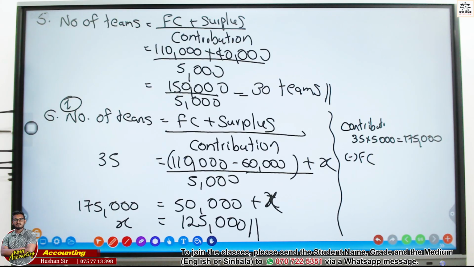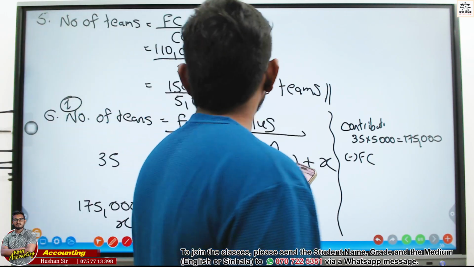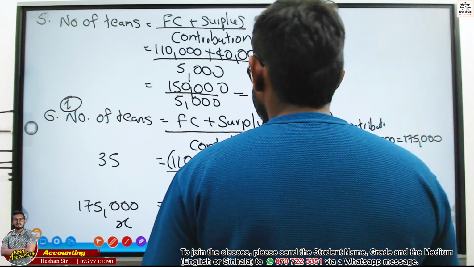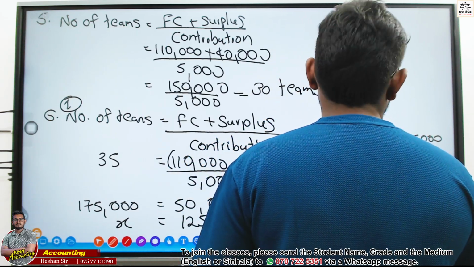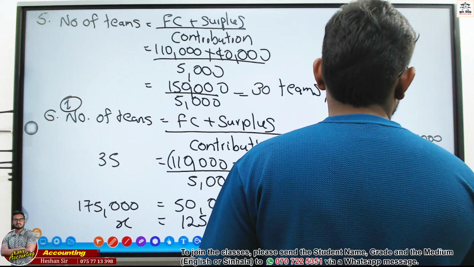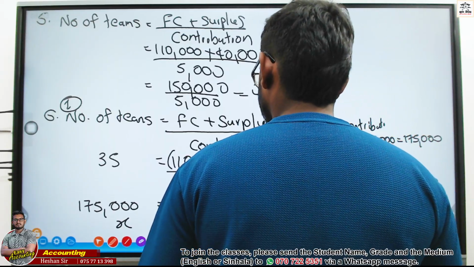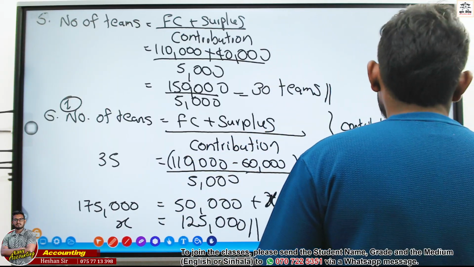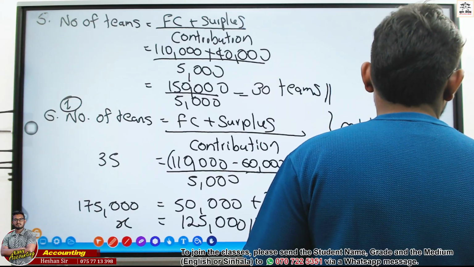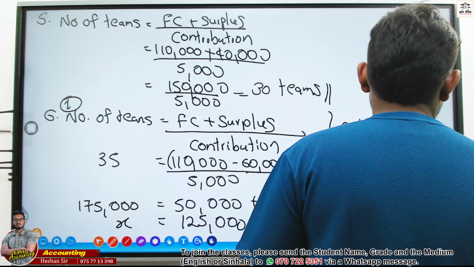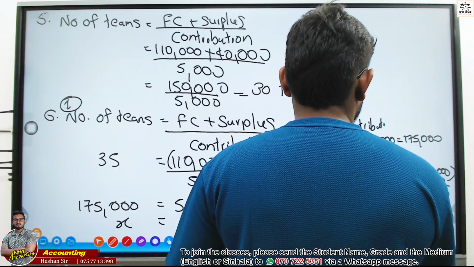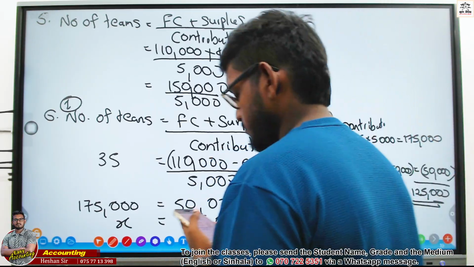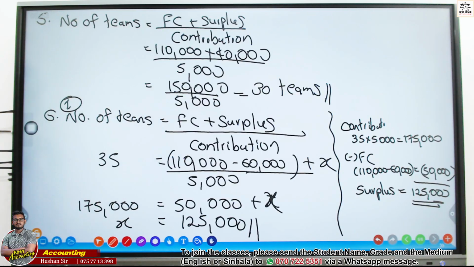Now the fixed cost is changing, right? So 110,000 minus 60,000 is 50,000. Then 125,000 surplus. Send me a thumbs up.